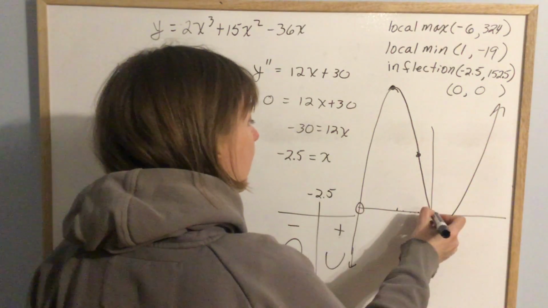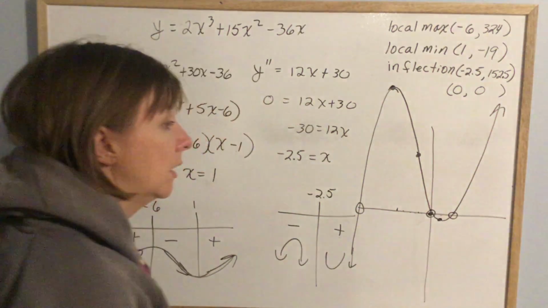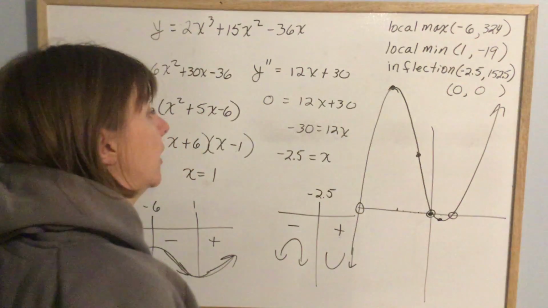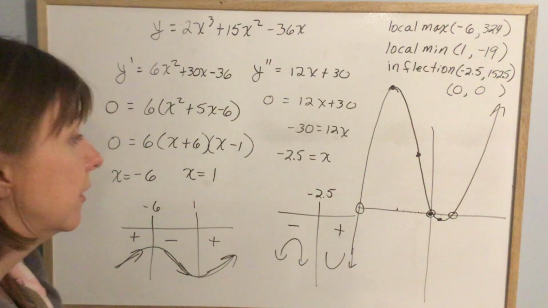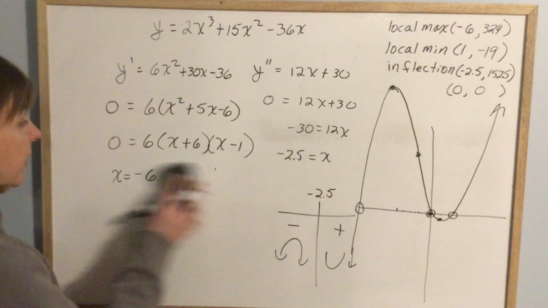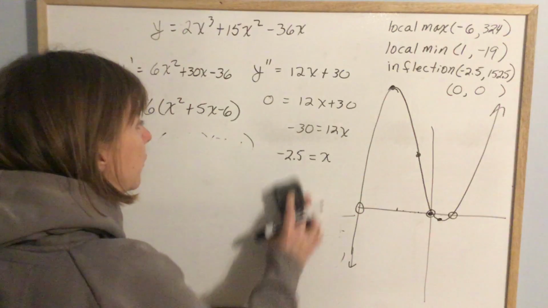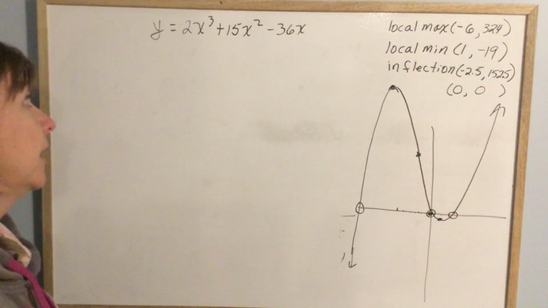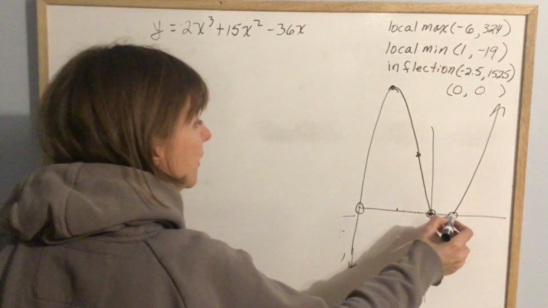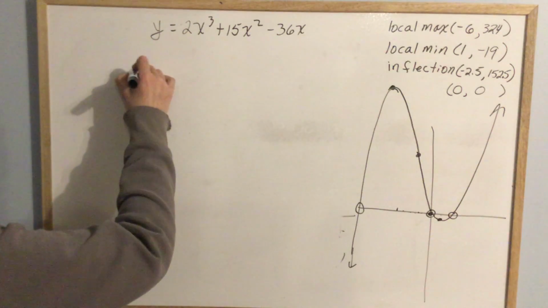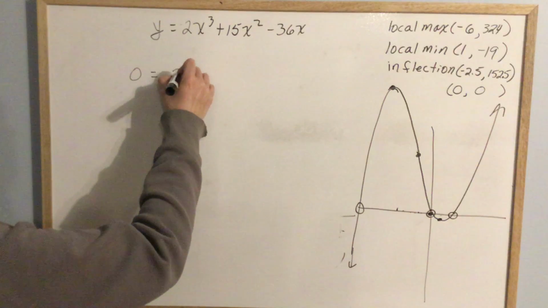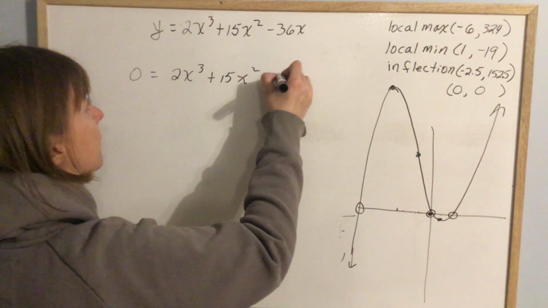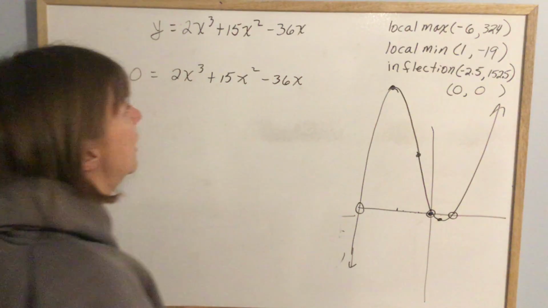So there really are 3 x-intercepts. One of them is 0 and 0. The other 2 x-intercepts, where is this and where is this exactly, would have been found this way, by making my y 0 and having 2x cubed plus 15x squared minus 36x.